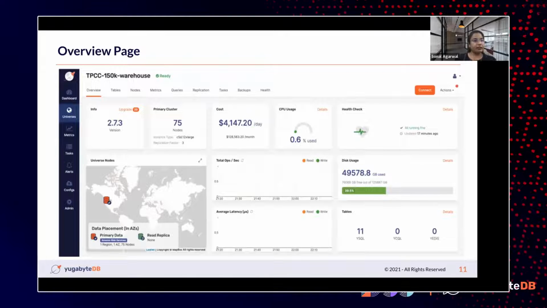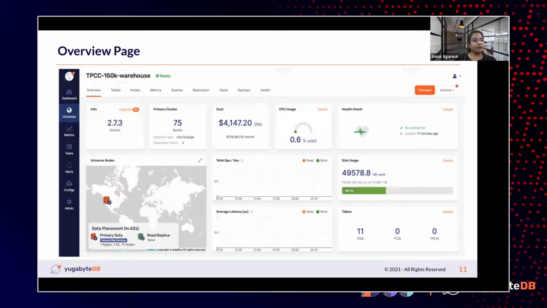Next is the overview page of our platform UI for the universe that we created for the TPC-C 150K warehouse run. This platform UI shows that the universe is created on 75 nodes hosted on C5D 12xlarge instances.